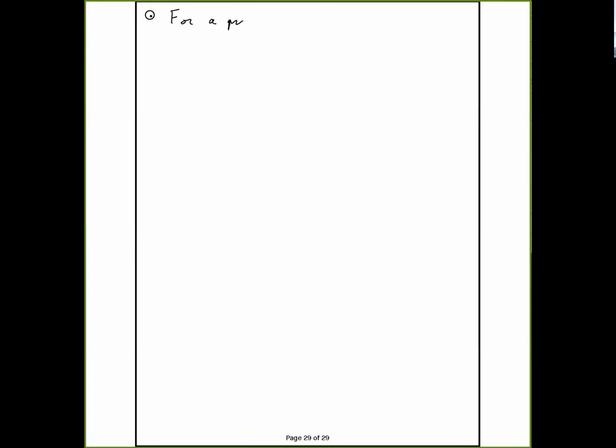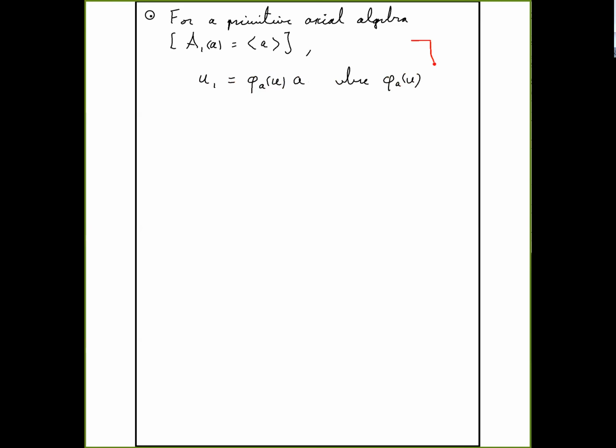So for a primitive axial algebra, remember that this is where A1 is just spanned by A. So U1 must equal some scalar amount of A, where this thing is some scalar.